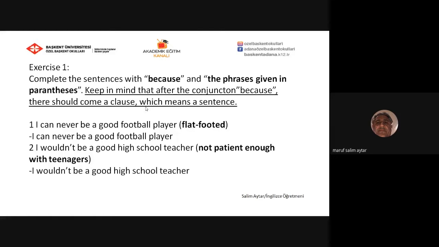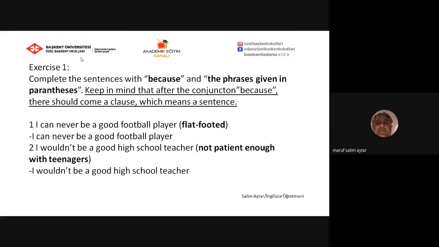There is an exercise just to practice the usage of this. Can you please complete the sentences with because and the phrases given in parentheses? Keep in mind that after the conjunction because, there should come a clause, which means a sentence.